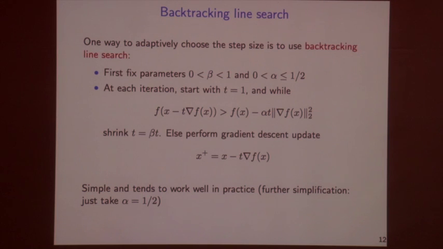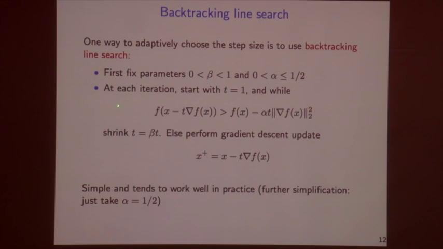And what people usually do is to adaptively choose the step size by using a technique that's called backtracking line search. So you have to basically choose two parameters, alpha and beta. Alpha is a number between 0 and 1/2, beta is a number between 0 and 1. Backtracking line search works as follows.